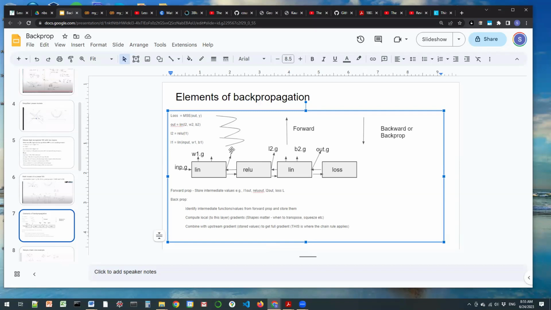So, instead of me just talking nonstop for 2 hours, what would be the gradient value of the upstream block here? Can somebody mention that? Anyone? What's the question mark value here?